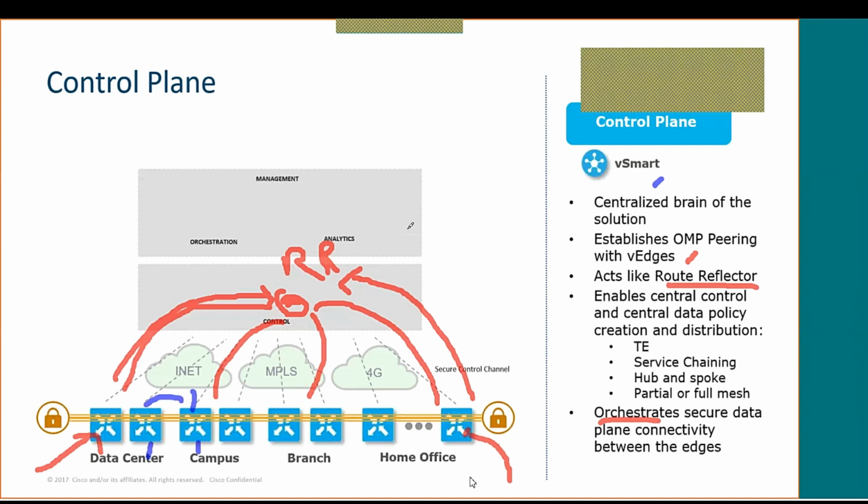So vSmart or OMP is responsible for distributing the transport information, the transport IP information about the WAN edges. By distributing them, VPN tunnels are automated. So vSmart establishes neighborship with WAN edges, distributes the routing table information from WAN edge to WAN edge, and distributes the transport information so that VPN tunnels will be triggered.